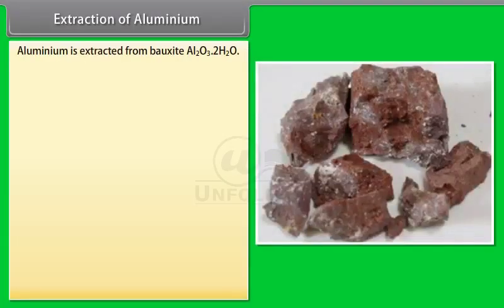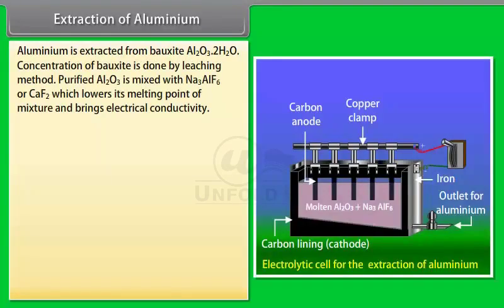Extraction of aluminium. Aluminium is extracted from bauxite, Al2O3.2H2O. Concentration of bauxite is done by the leaching method. Purified Al2O3 is mixed with Na3AlF6 or CaF2, which lowers the melting point of the mixture and brings electrical conductivity.